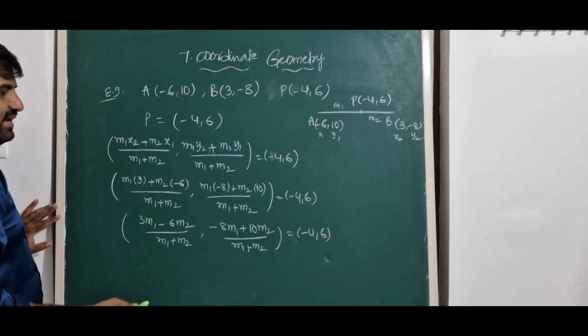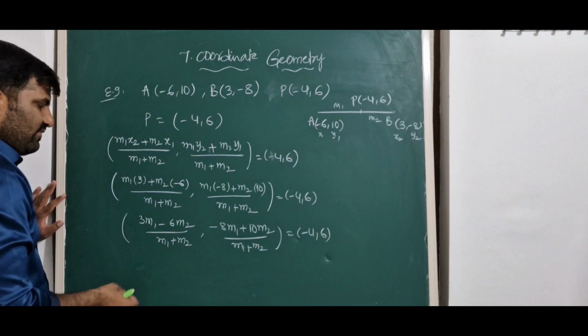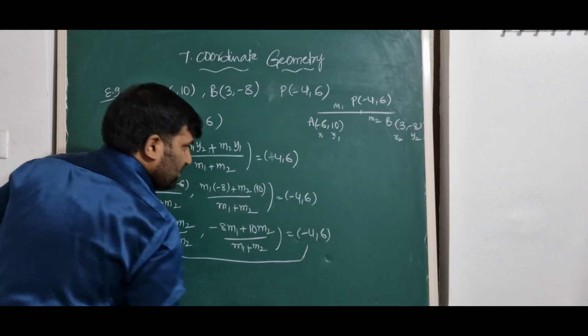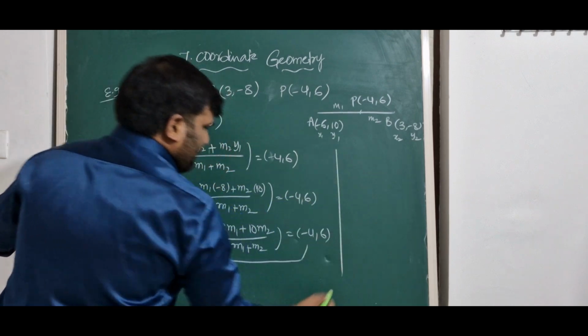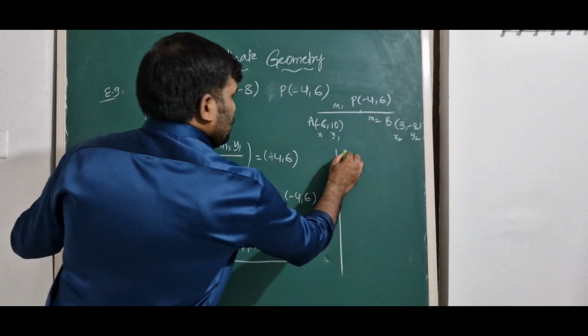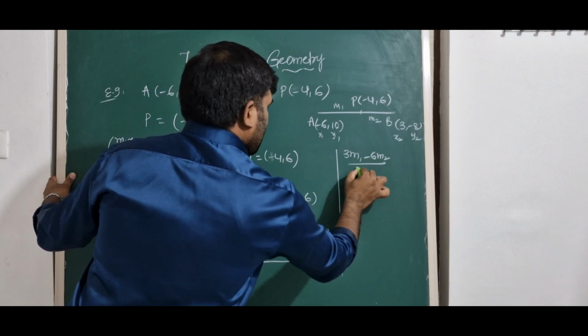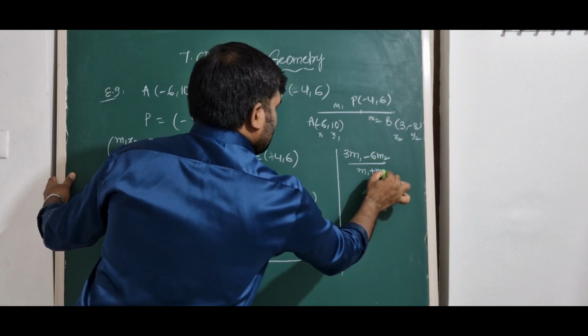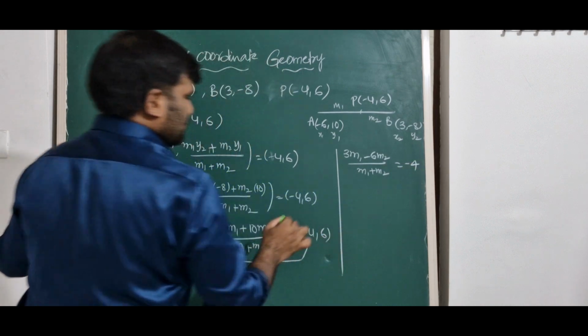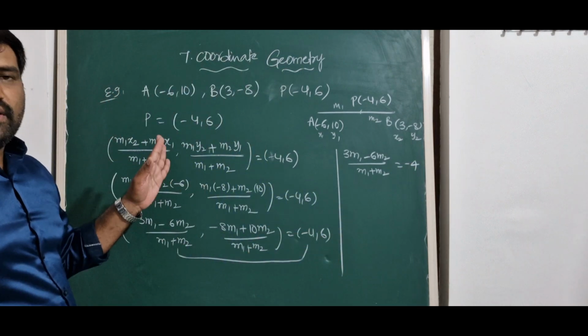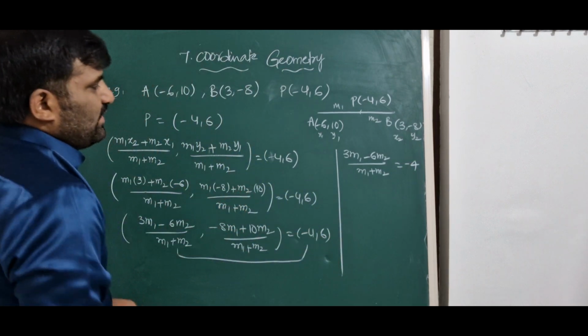Here you can equate either the x coordinates or the y coordinates. I am equating the x coordinate. So (3M1 minus 6M2) divided by (M1 plus M2) is equal to minus 4. Even if you equate the y coordinate, you will get the same value.